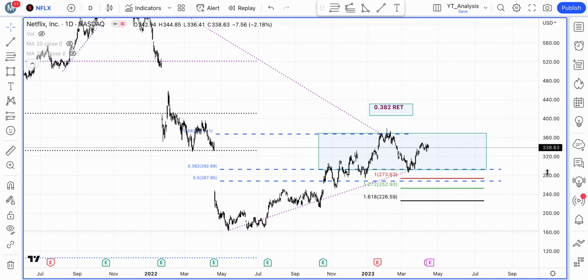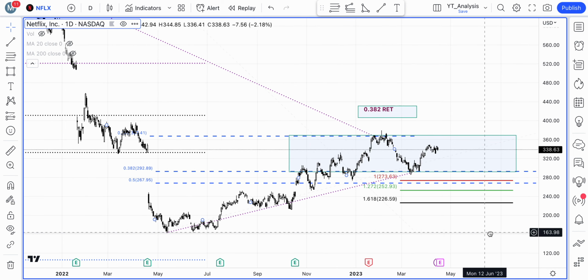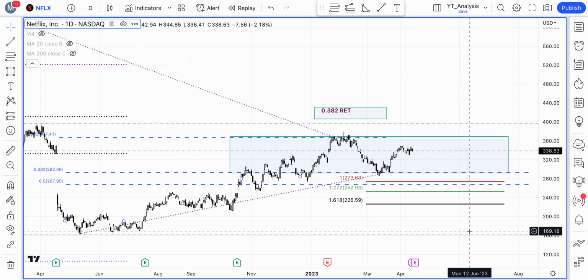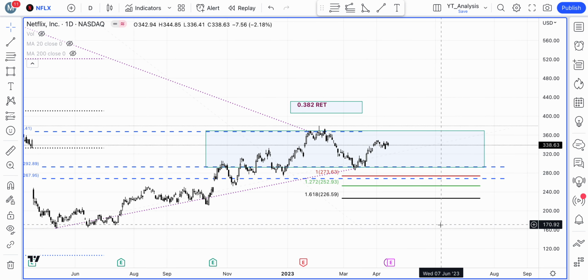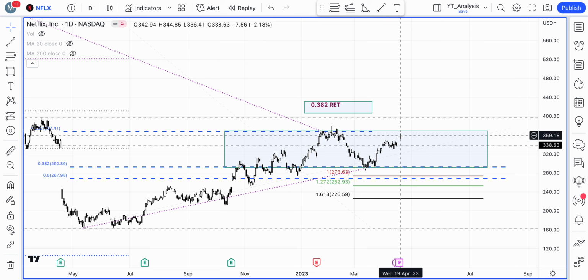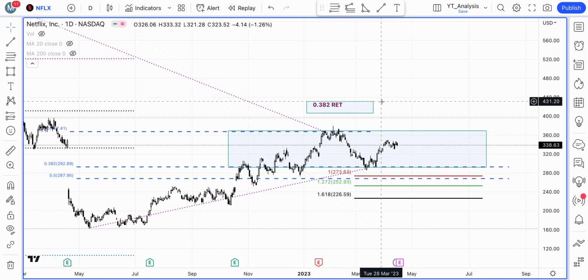So here what we have to look at is whether the stock is going to break out of the range, and when, and also whether it's going to break to the upside or the downside. We don't know yet. It looks like it might just continue in a range formation for quite a while.